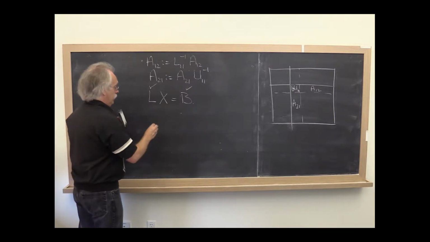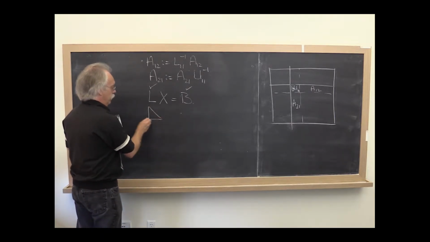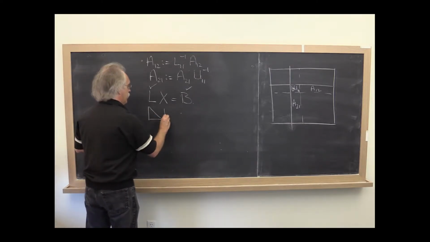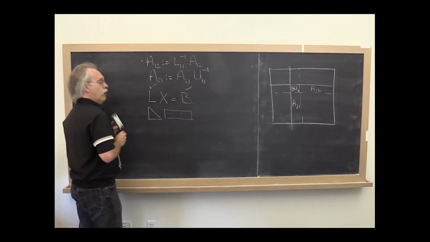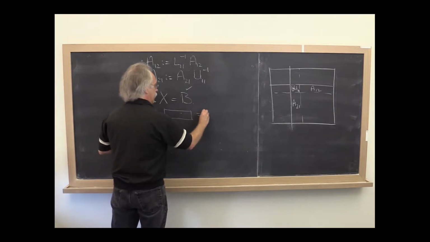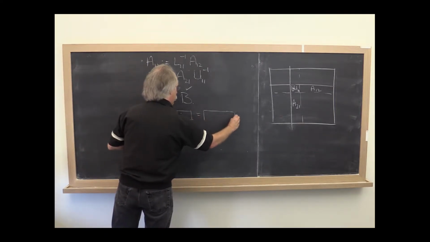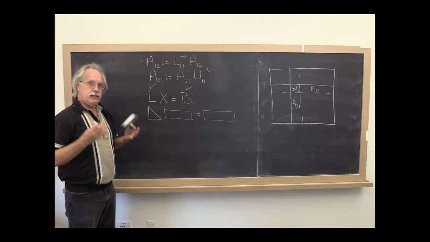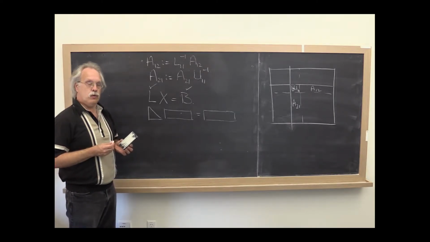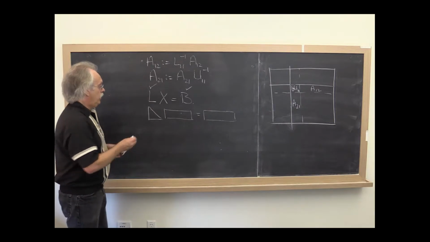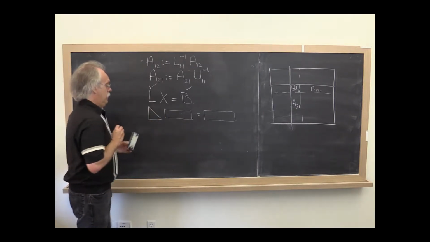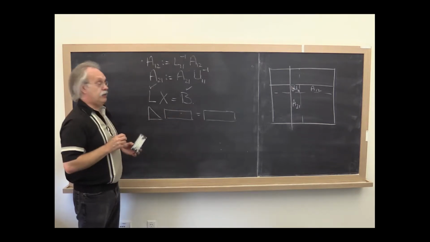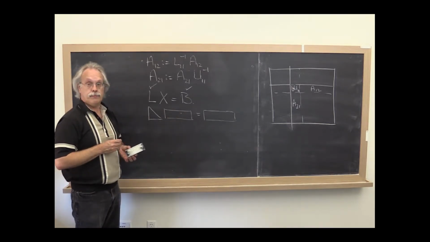Now, if we draw a picture, we have a lower triangular matrix, actually a unit lower triangular matrix, times a block like that is equal to a block like that. Just like for the symmetric matrix multiply in week 5, you can partition L into quadrants and partition X and B conformally.